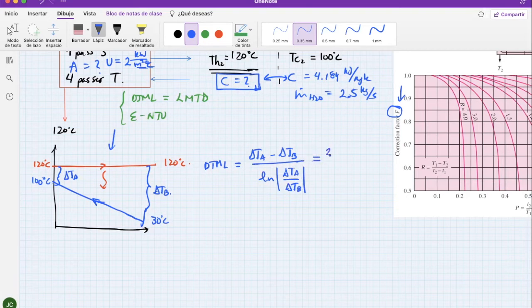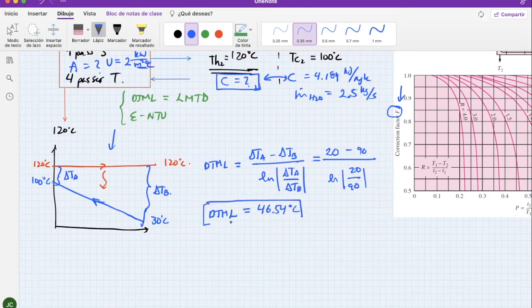If I'm not mistaken, this one should be 20, which is 120 minus 100, minus the other one, delta TB, which is a lot more, 90, I think. Yeah, it's 90. Logarithm of 20 divided by 90, which is 2 divided by 9. Therefore my DTML in this case is around 46.54 degrees Celsius.